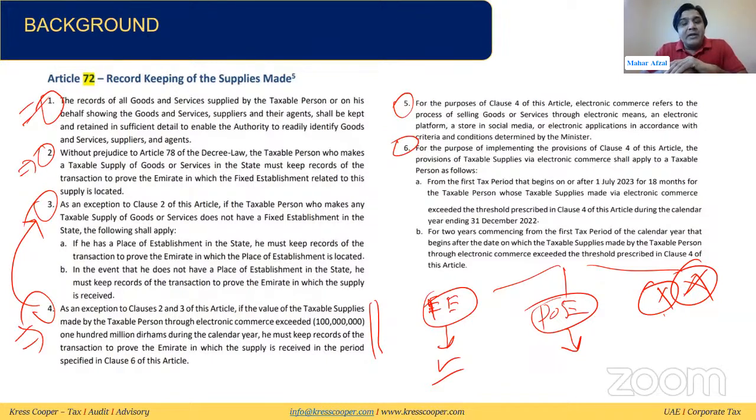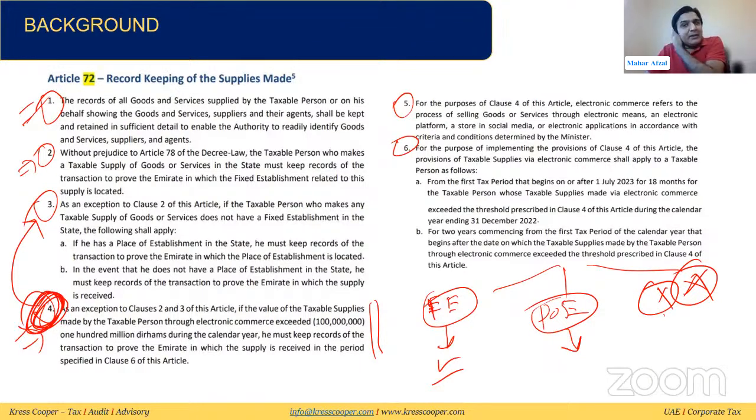Then in Clause 6 of the revised Article 72, they have discussed the reporting requirement, which we'll discuss in detail. Just after this revision in the respective VAT regulations, they have introduced a public clarification, and this public clarification only deals with clause 4 of Article 72 of the UAE VAT regulations.